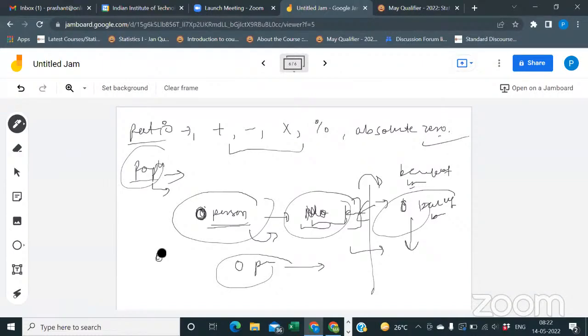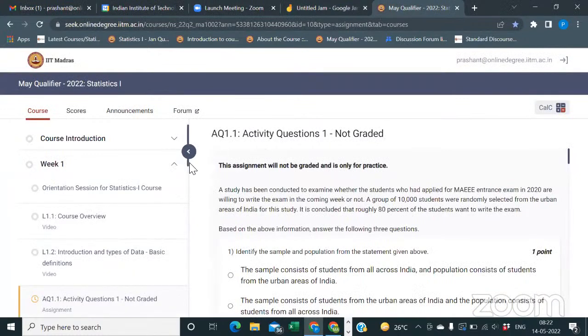Sir, what about the marks, the graded assignment question, where the IIT declared the result last month? It reflects in the score after the deadline. Sir, we have a doubt in those questions, the last two questions of the graded assignment, week one.